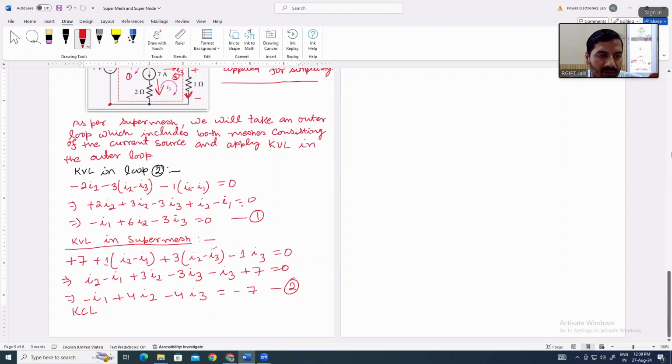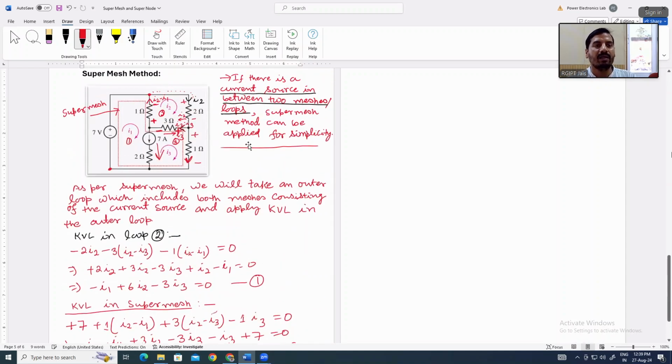So KCL with the 7 ampere current source. What will be the value of 7 ampere in terms of I1 and I3?